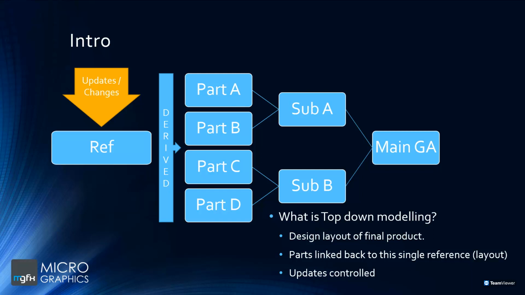So that update is done at the reference part level, and then it is carried through the design through that derive all the way up to the main general assembly, and those updates are automatically carried through those components, removing the need to do manual updates, like changing a shaft diameter, then having to go find all the bearings and changing each bearing diameter individually.